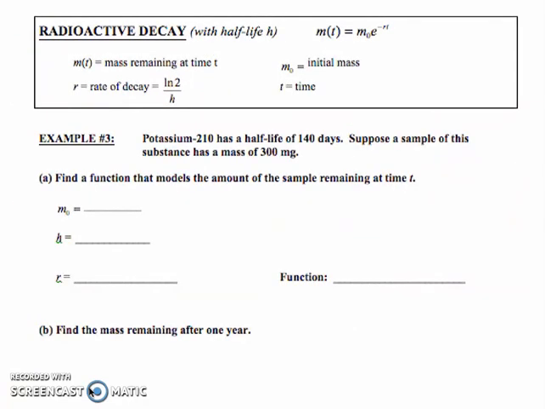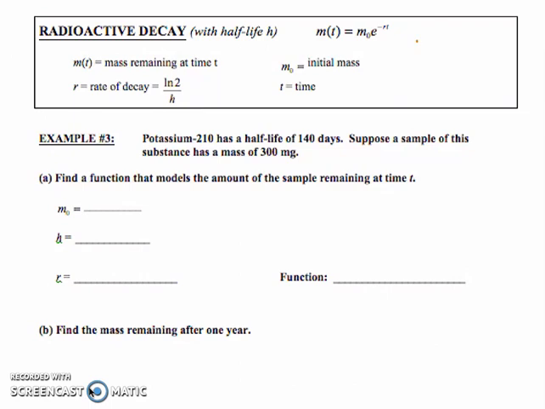The second formula that we're going to learn how to use in this section is the radioactive decay formula. The formula is m naught, our initial mass, times e to the negative r times t.